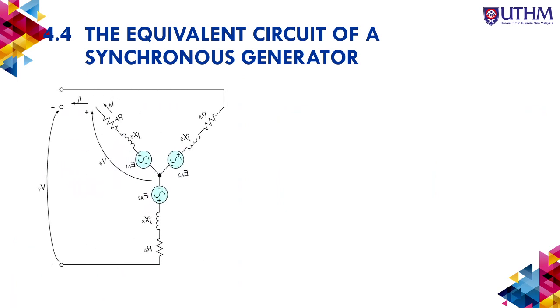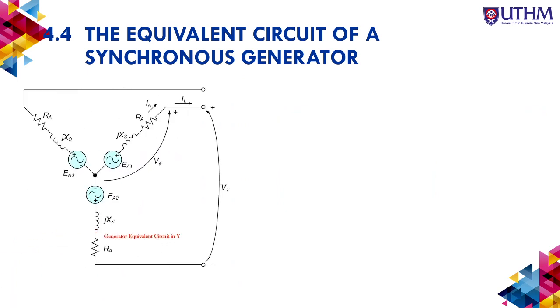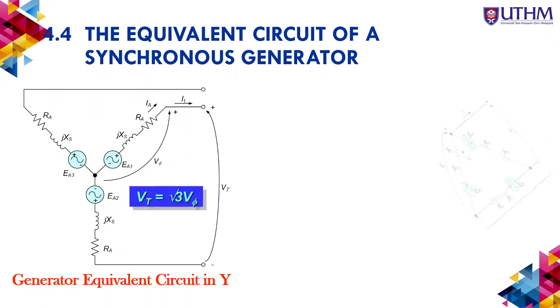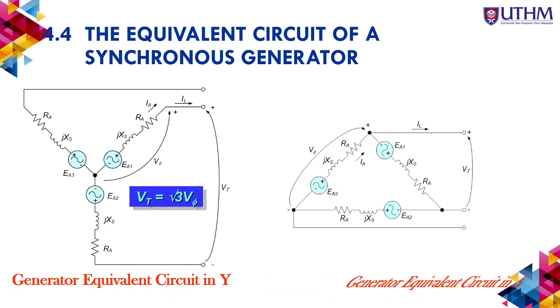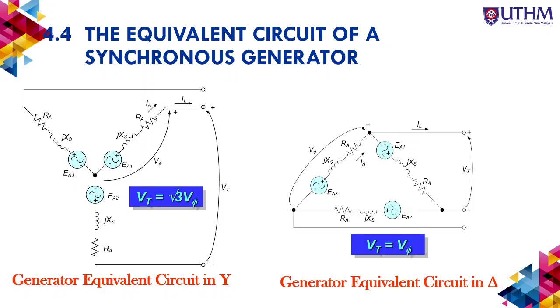Okay, so this is the type of connection. So we have Y connection, and also we have the delta connection. Okay, so this is very important. This connection. Okay, because in the exam normally we ask the calculation.